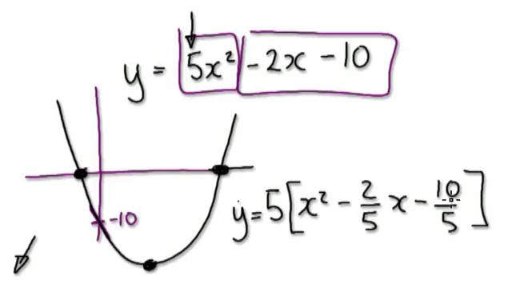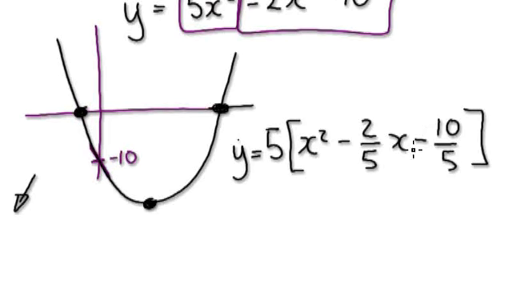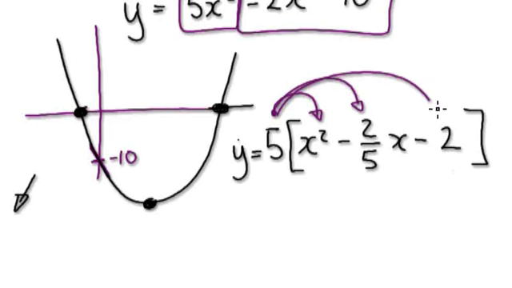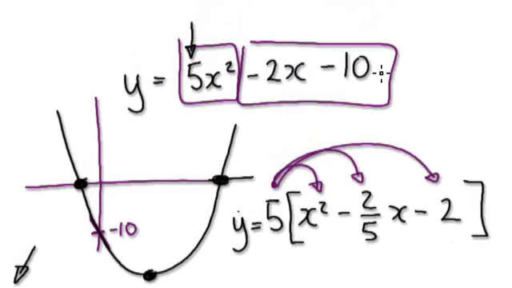So 10 over 5 is 2. So let's just change this to a 2. Minus 2. Okay, so when you come to multiply this out, this times this, and this times this here, it will give you this thing here.